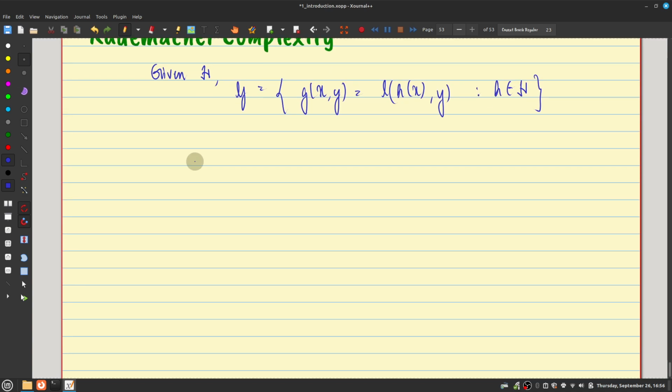Okay. So in other words, these are all possible choices that the loss function can take in some sense. Right? And this holds true irrespective of what loss function I pick. Okay.